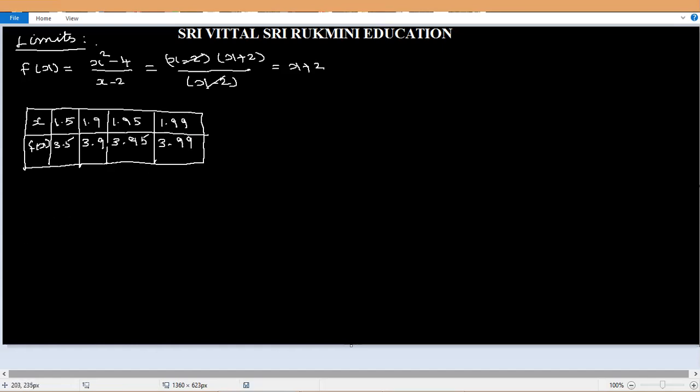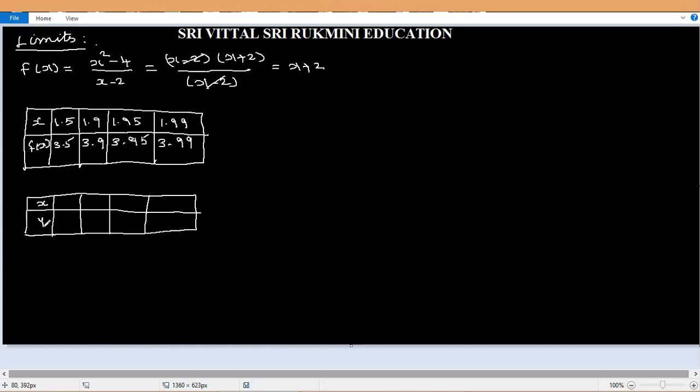Now, I'm taking the x value greater than 2. What is f of x? 2.3, that is 4.3. 2.2, 4.2. 2.1, 4.1.